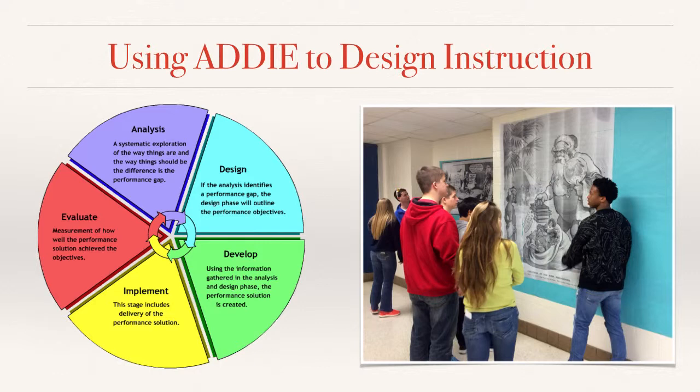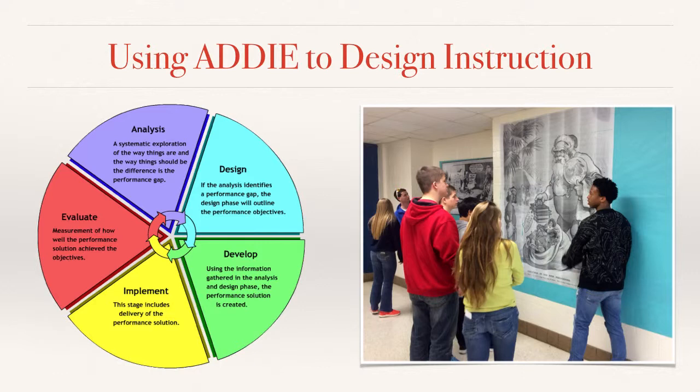So using the information gathered from the analysis and design phases, how are we then going to put in place performance tasks, lesson strategies, engagement processes, and pedagogical skills? What are we going to use to develop lessons?